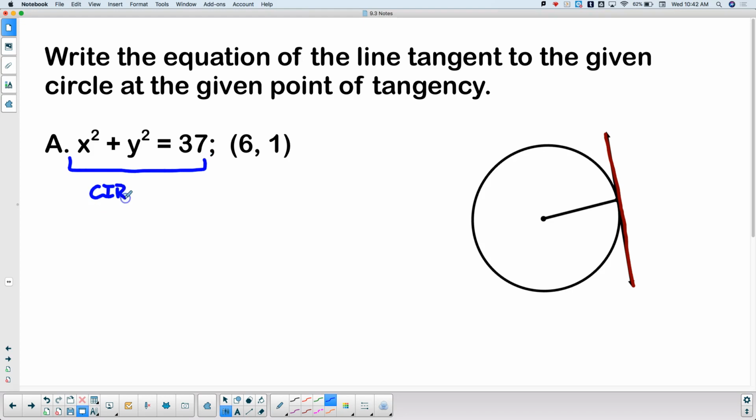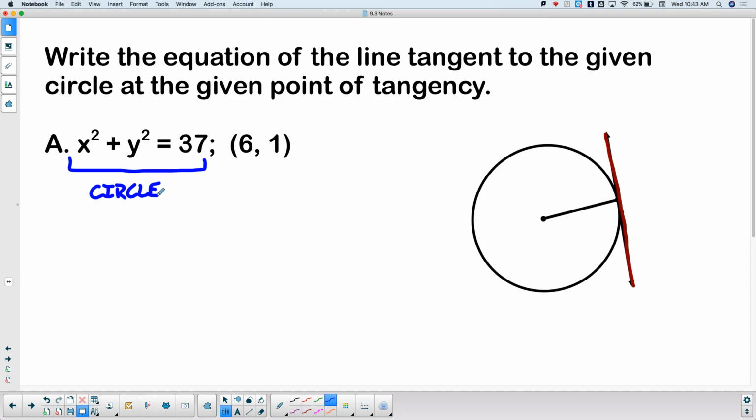What do I know about said circle? It has a radius and the line's just touching. I'm not worried about the line at all. Circles have no lines. So what can you tell me about x squared plus y squared equals 37?